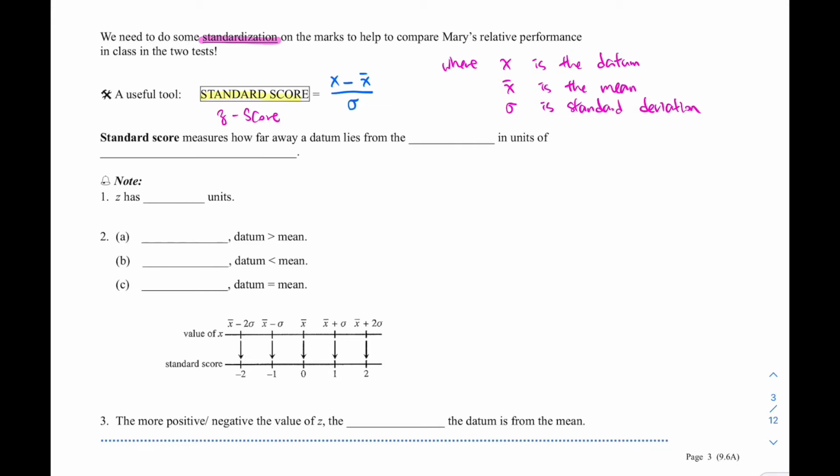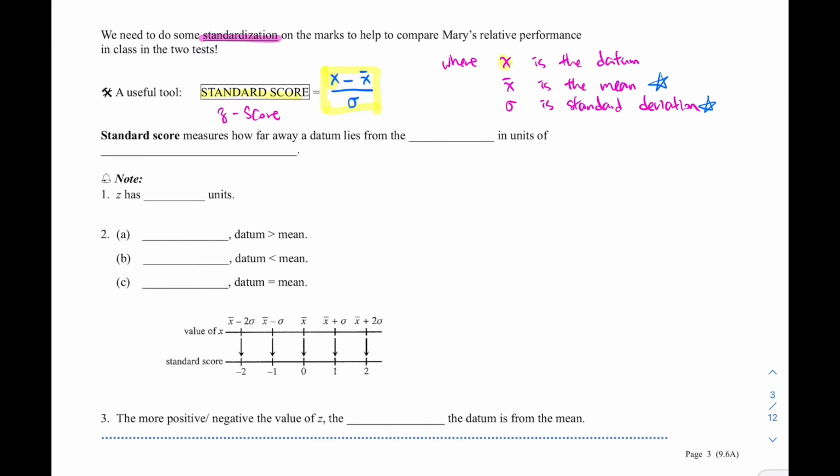That means when we want to know the standard score of the datum X, we have to know the mean and the standard deviation. And then by using this formula, we can calculate the standard score of the datum in this data set.